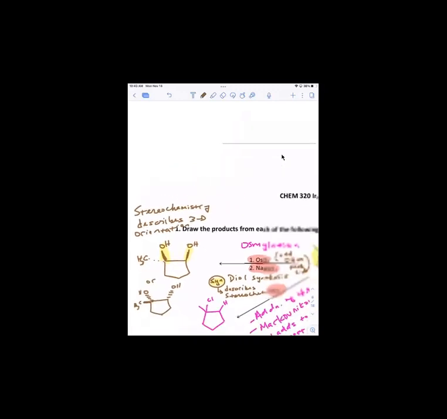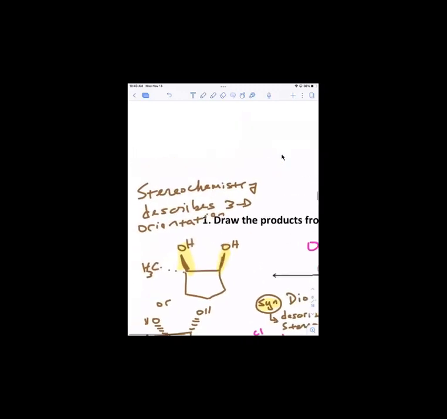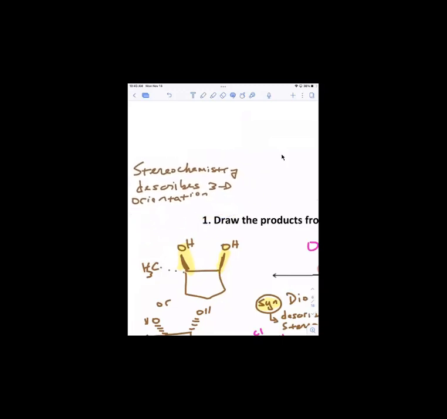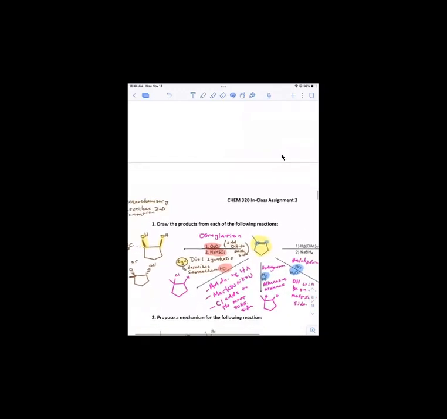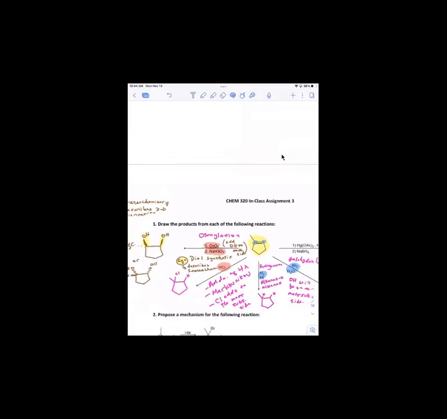So 3D orientation could be cis, or if they're on opposite sides, it's trans. But I don't want to get too deep in the weeds on that. All right, any questions about anything so far?